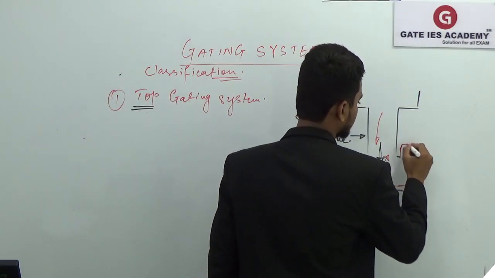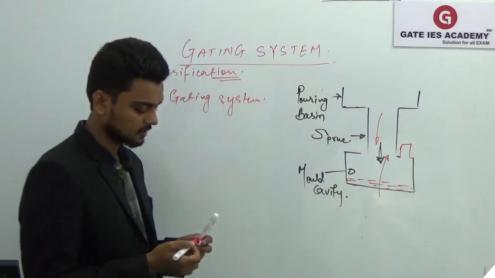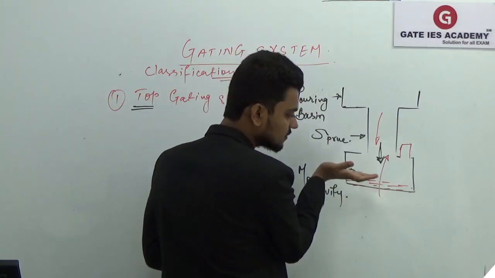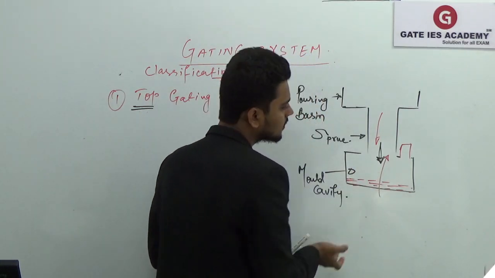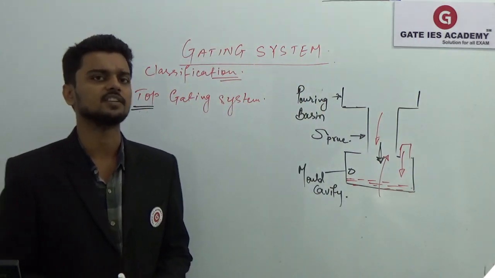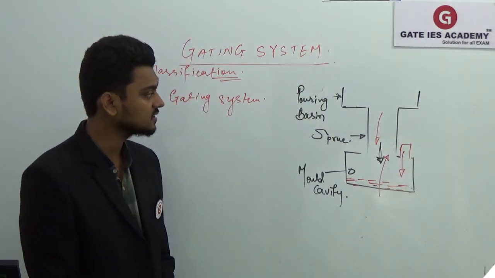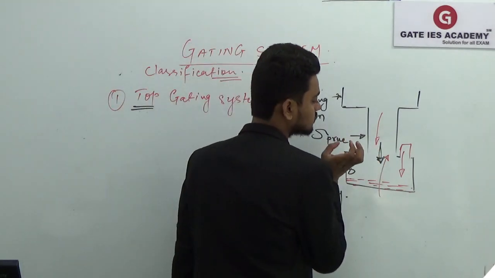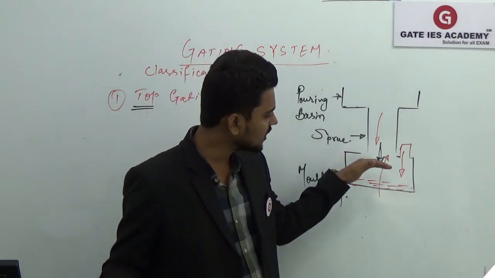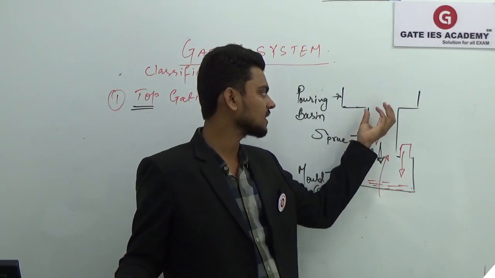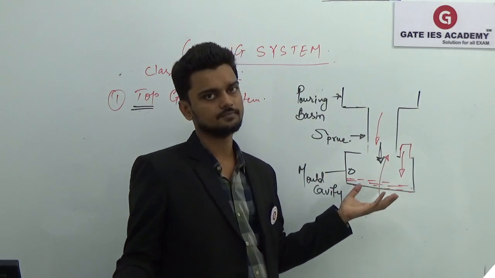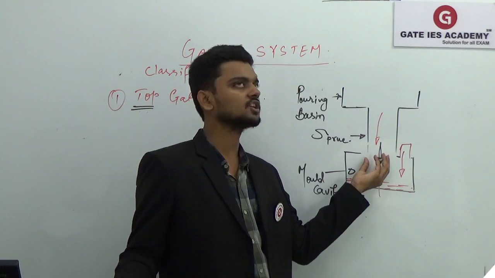Suppose we have the riser placed at the top of the cavity. Once the molten metal starts solidifying from the bottom, the riser will be able to feed the extra molten metal to avoid shrinkages. It's not like the molten metal will start solidifying at the top, because then the molten metal from the gating system would not be able to fill the cavity, since the solidified metal at the top would restrict the flow.